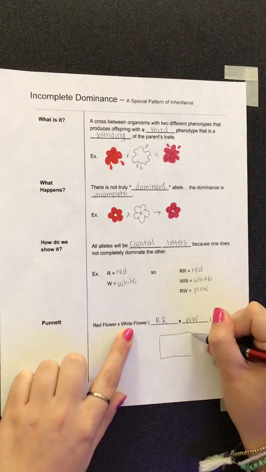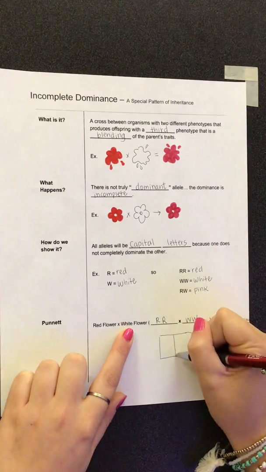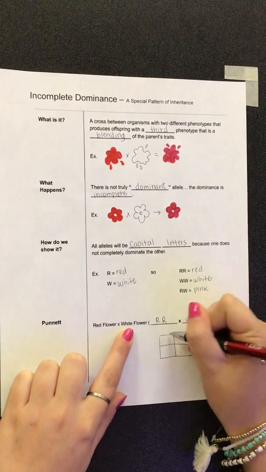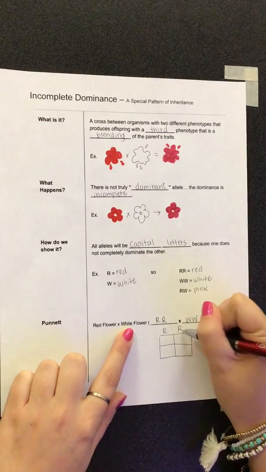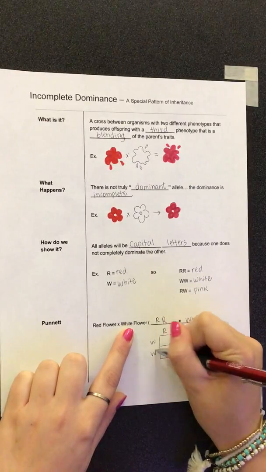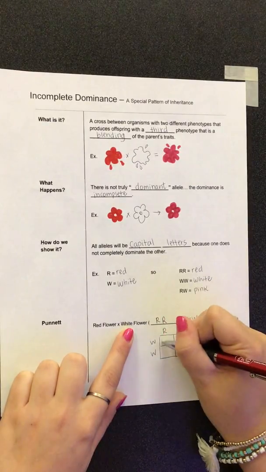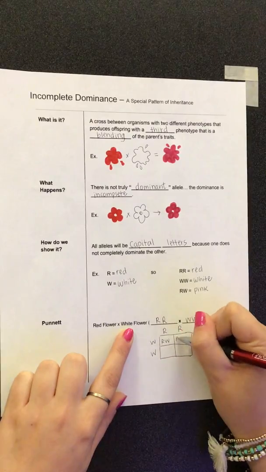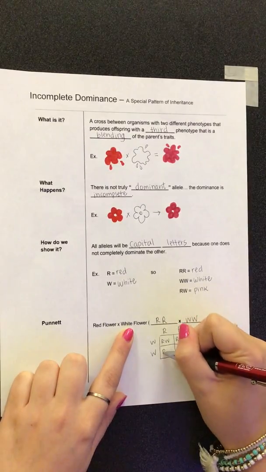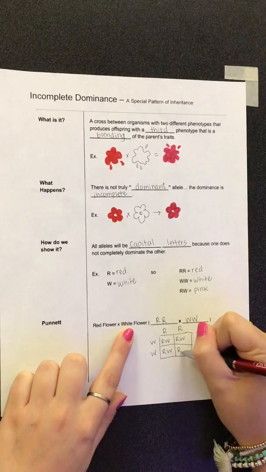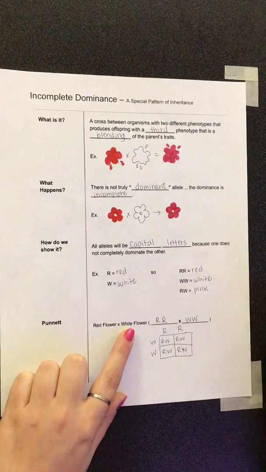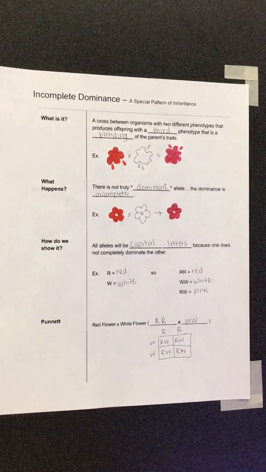So when I show the cross between my red flower and my white flower, all of the offspring would have pink flowers.